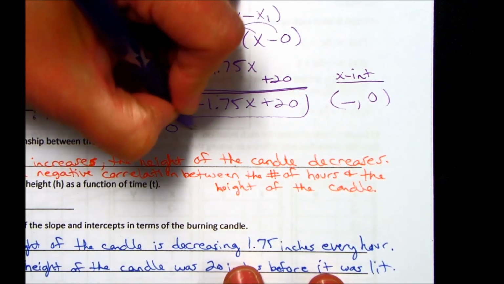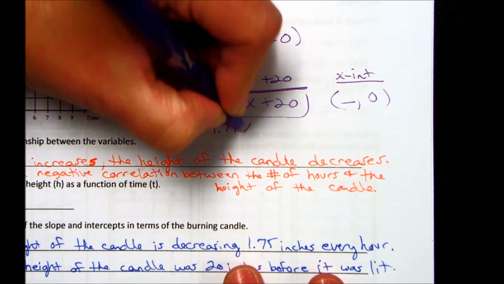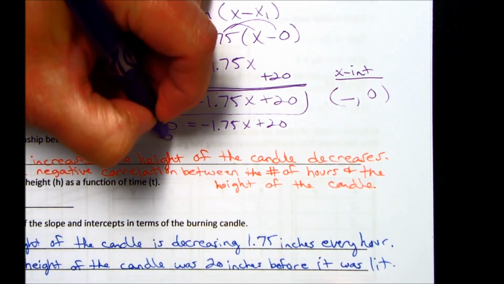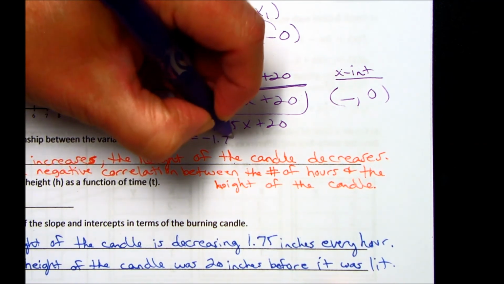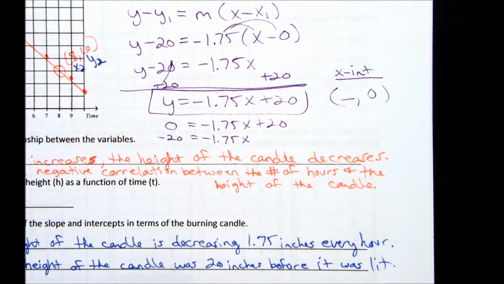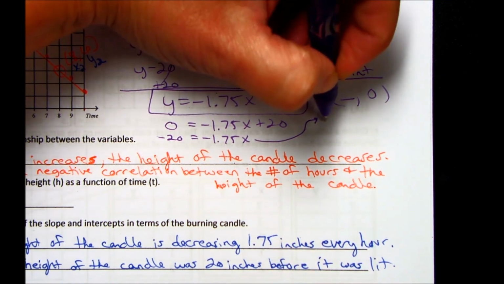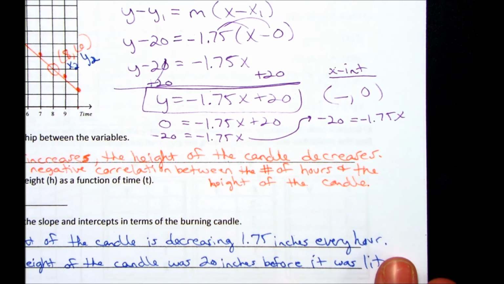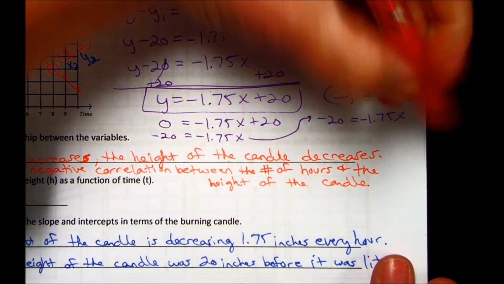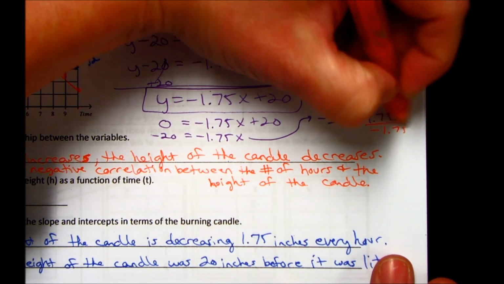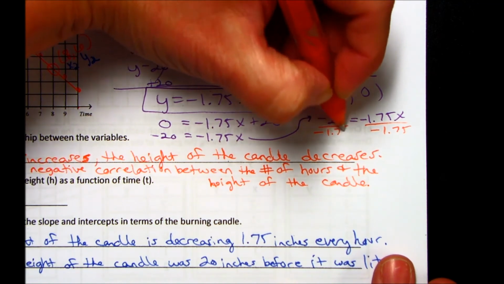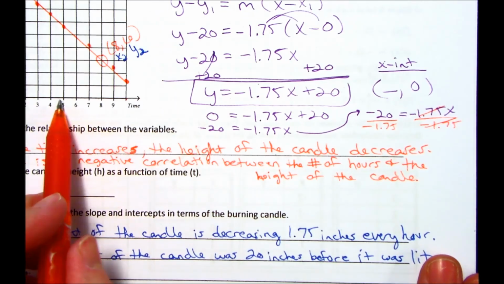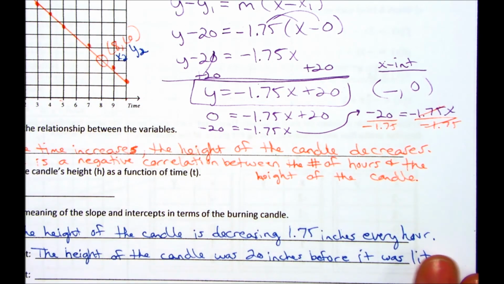So if I put 0 in for y, then subtract my 20, and I'm running out of room, so let's write it over here. Negative 20 equals negative 1.75x, and then I would divide by the negative 1.75, so that we'll get a positive value. It looks like it's going to cross the x-axis on the positive side.